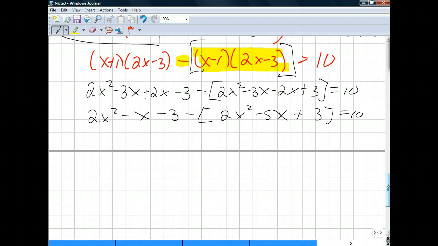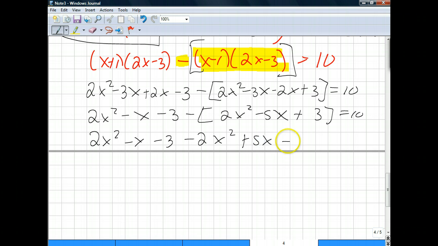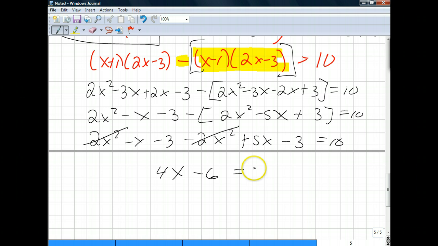Okay, distribute the negative. So I get negative 2x squared plus 5x minus 3 equals 10. So this and this add up to 0. I have a negative x and a positive 5x, so that's going to be a 4x. And I have a negative 3 and a negative 3, so that is negative 6.